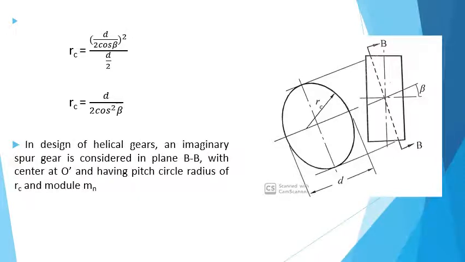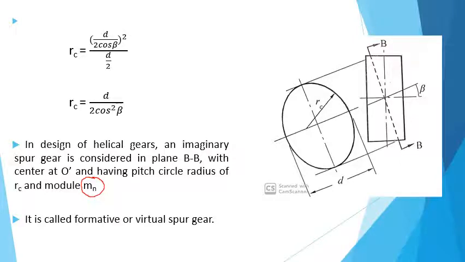In the design of the helical gears, we consider an imaginary spur gear in the normal plane, normal to the helix, or in the plane BB, with the center at O dash somewhere over here, and having the pitch circle radius of RC, and whose module is denoted by Mn, that is the normal module in this particular plane.